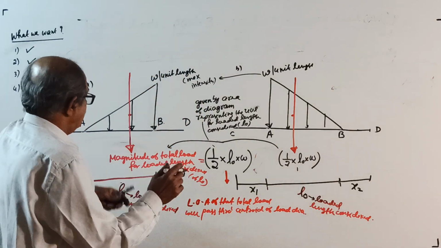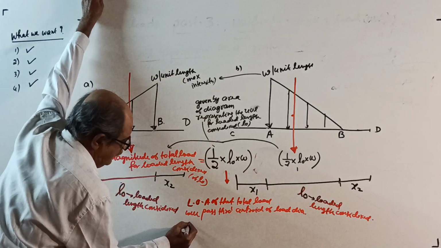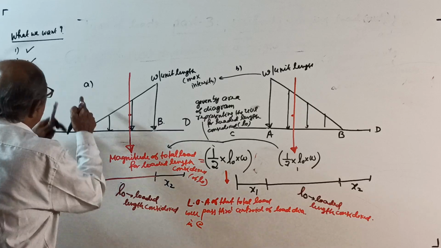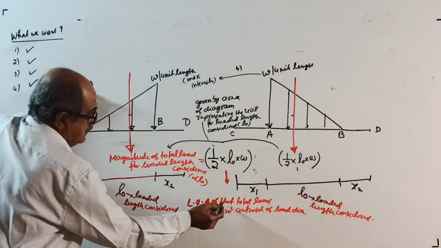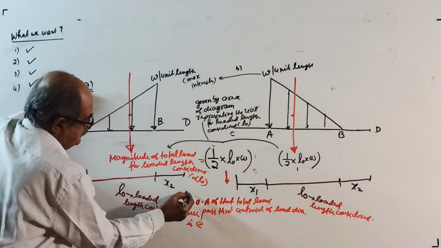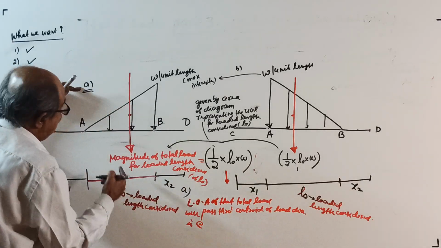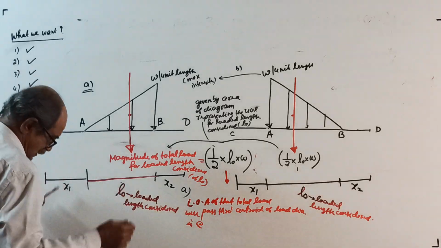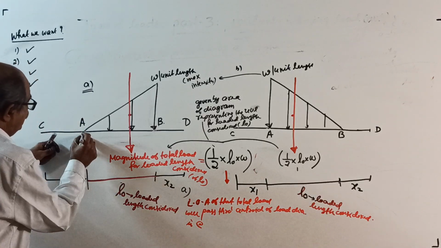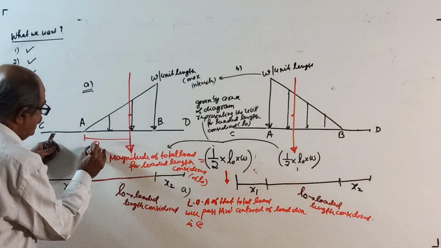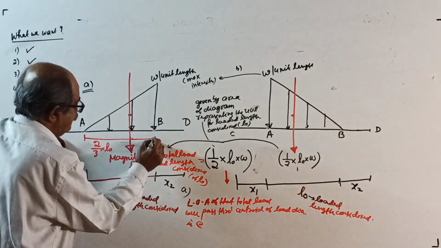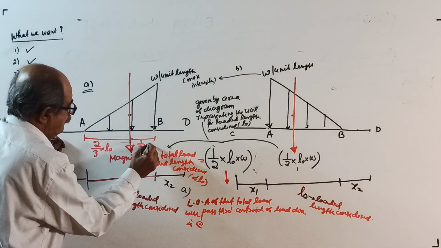If I look at this sketch, you should write this 2 times. I am writing this one for case A. That is at, I told very clearly, this is 2 by 3 of L naught. This is 1 by 3 of L naught.